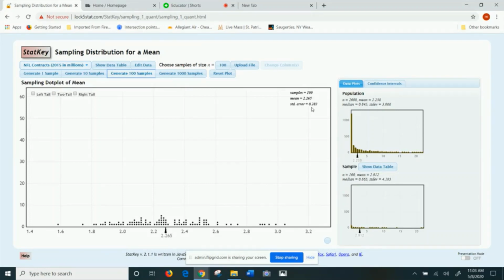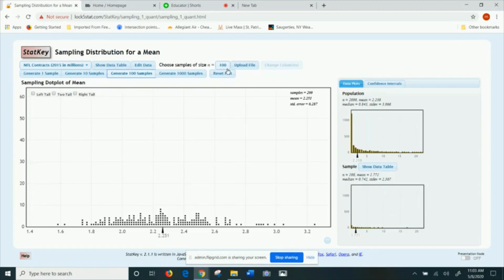But the standard deviation here is 0.283, whereas before when we had a sample size of 30, we were at like 0.63 and 0.588. Okay, so let me just take another 100 samples, and the standard deviation again is down. It's 0.287 as compared to the 0.588 and 0.63 we had with the sample size of 30.